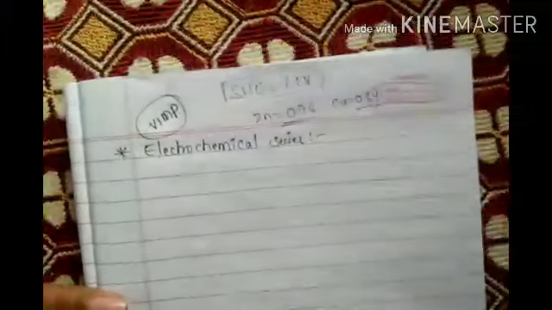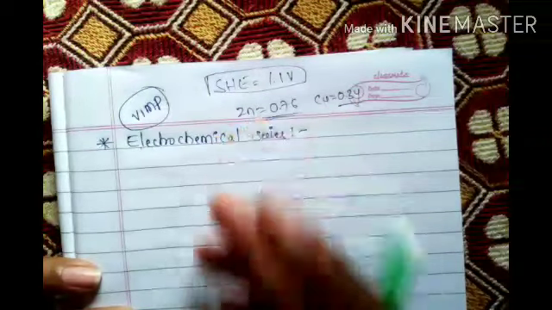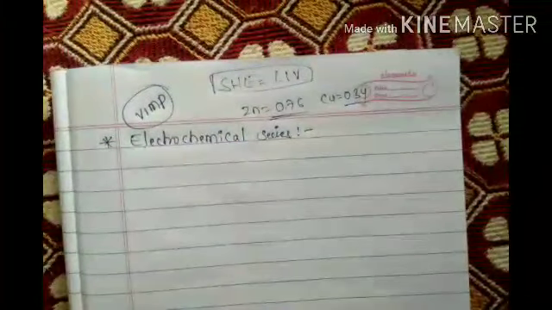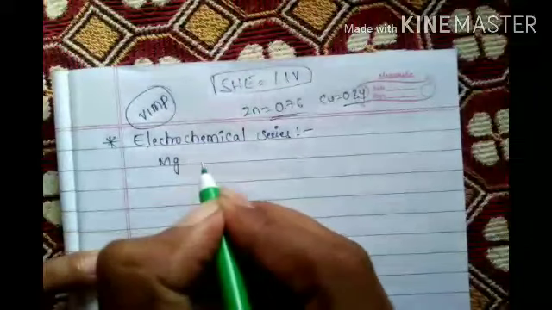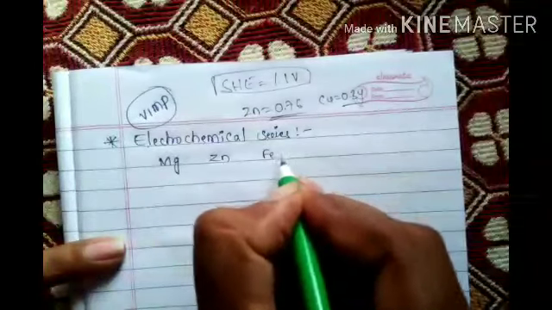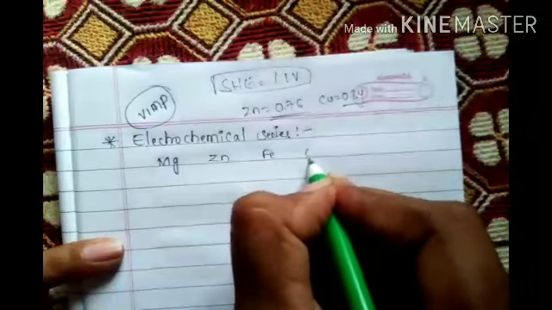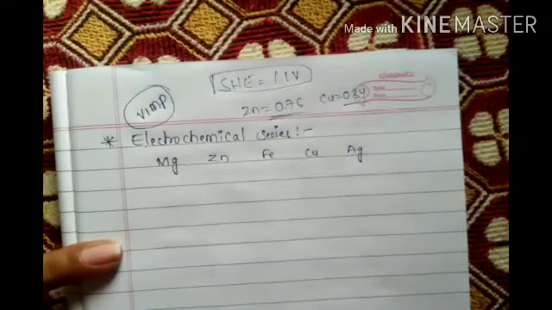For example, some metals are there. In the question they will ask some metals, in increasing or decreasing order. At that time, what do you have to do? Like that: magnesium, zinc, Fe, copper, silver. Look, there is no sequence in this.